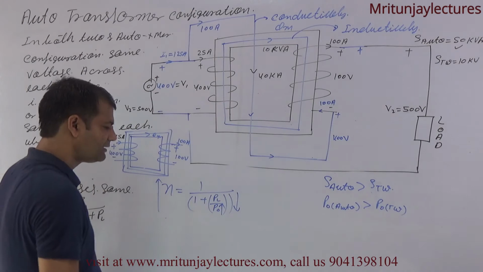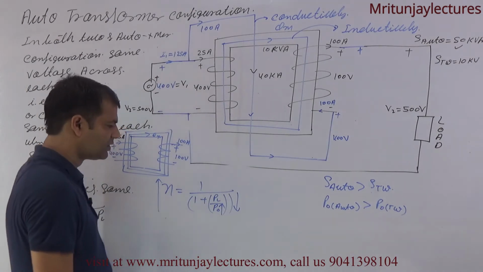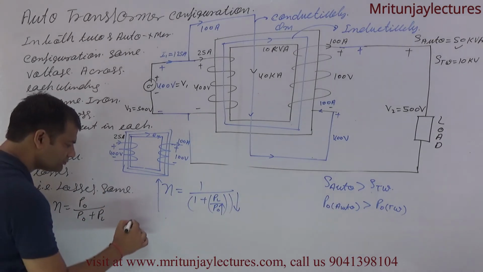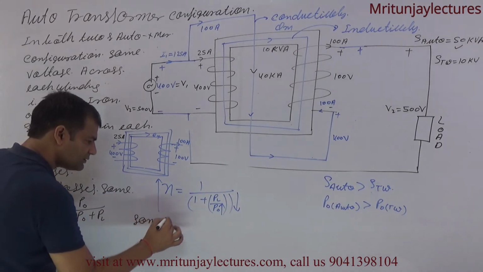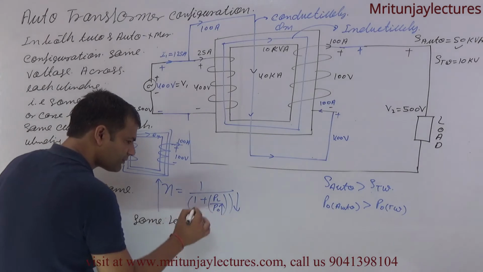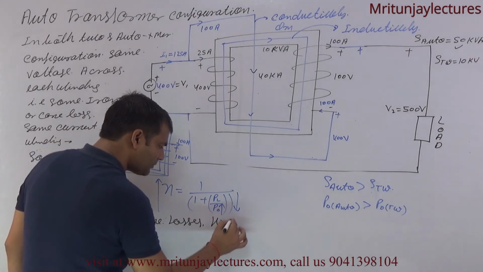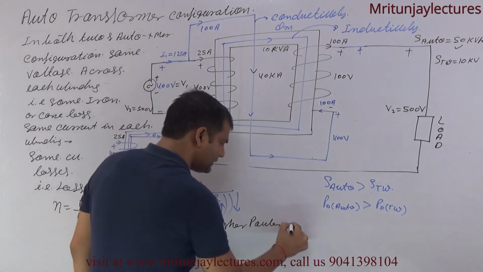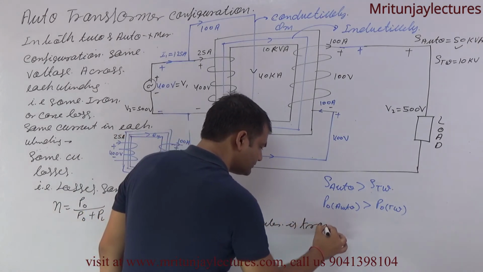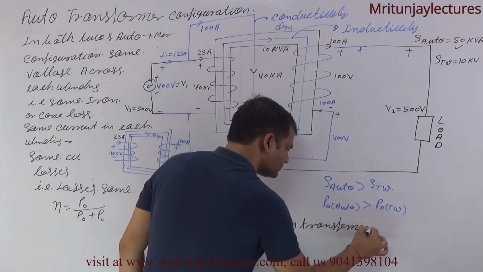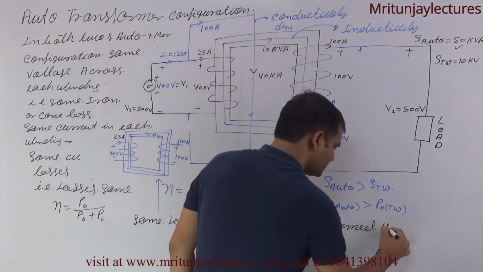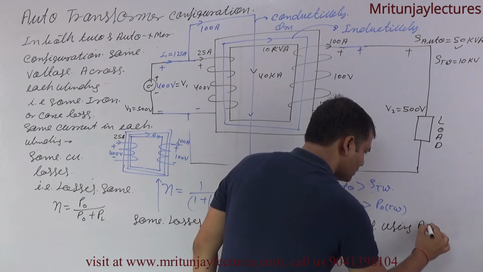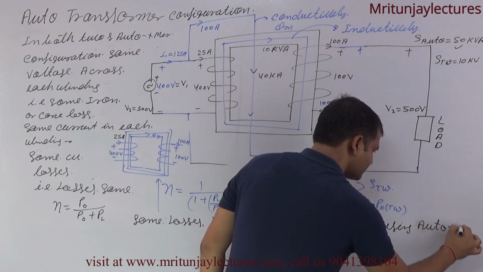So you can say that with the same losses, higher power is transferred using the auto transformer.